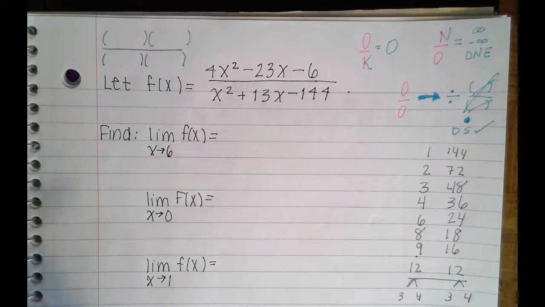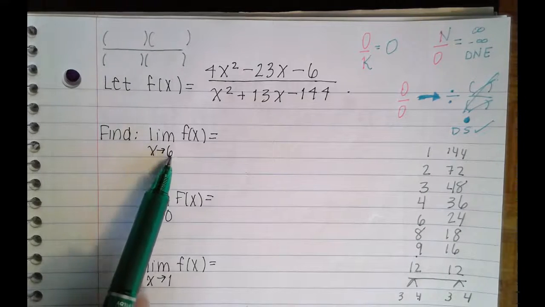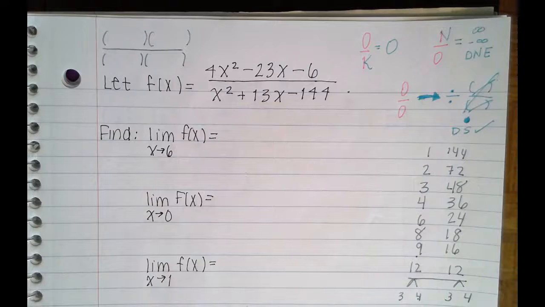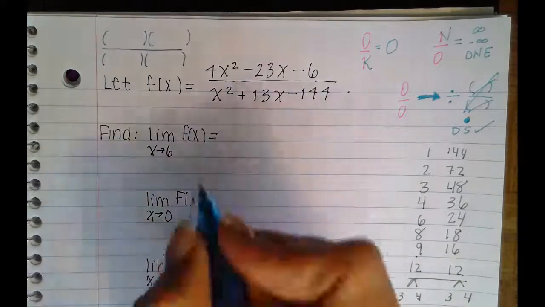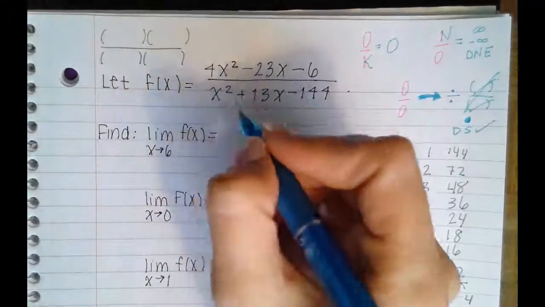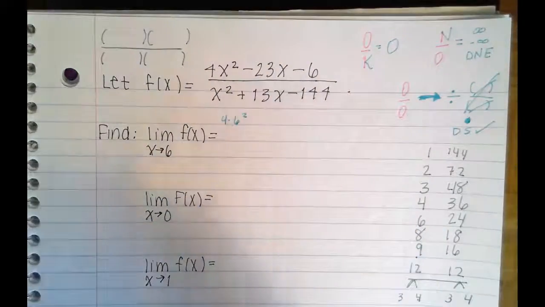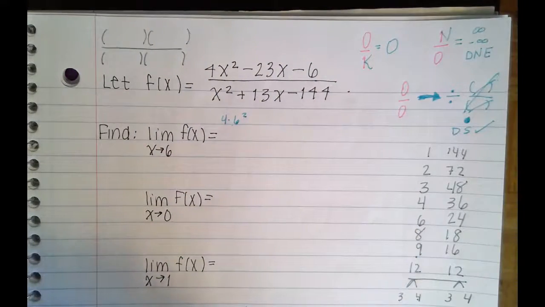So if you plug in 6 and get 0, x minus 6 is a factor of whatever you just plugged it into, okay? Well, if I'm going to plug in 6 then, I'm probably going to need a calculator because this might be a little annoying. 4 times 6 squared, so it's 4 times 36. 4 times 36 is, well, there it is, 144.